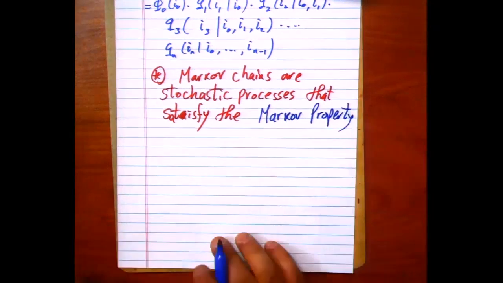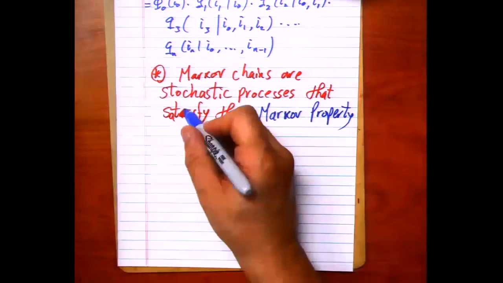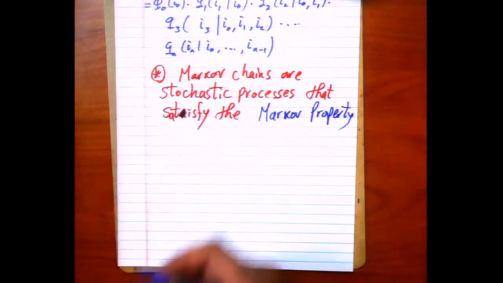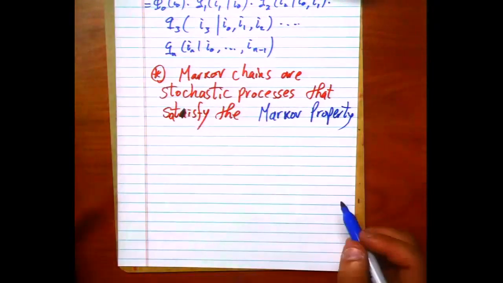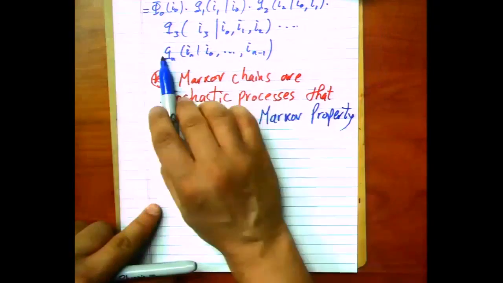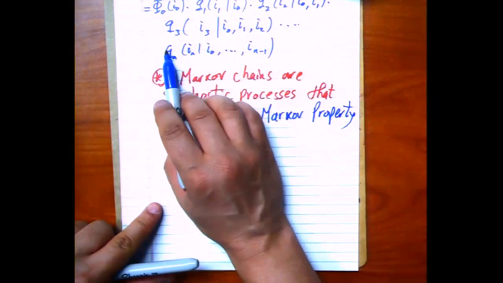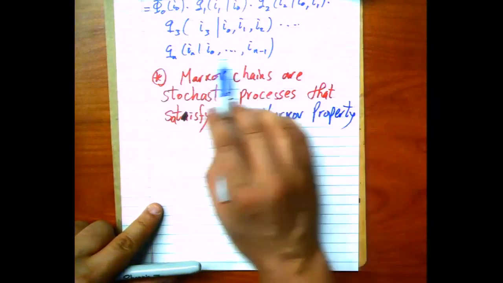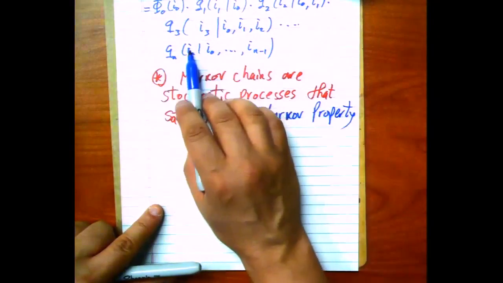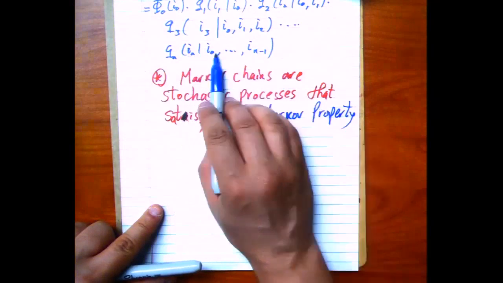It satisfies the Markov property, and sorry for the misspelling. And the Markov property says the following. Let's take this one. Markov property simplifies this Qn, the probability that the process will go to In given it was going through this trace of evolution, I0, I1, I2, up to In minus 1.